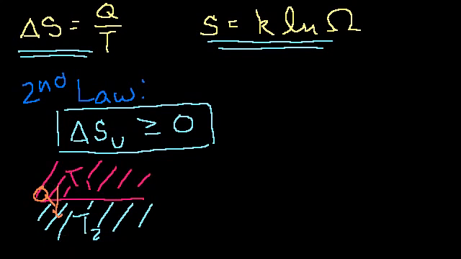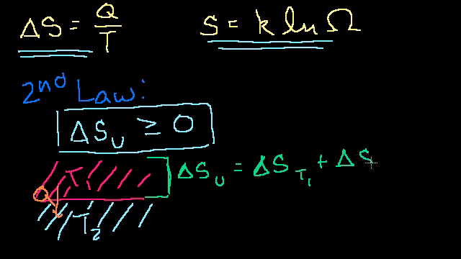So what's happening here? What's the net change in entropy? The second law of thermodynamics says that the change in entropy for the universe is greater than 0. But in this case, that's equal to the change in entropy for system 1, that is this hot system up here, plus the change in entropy for system 2.